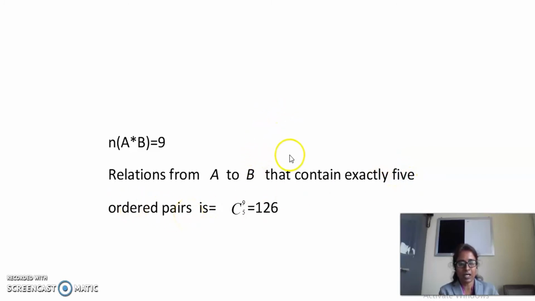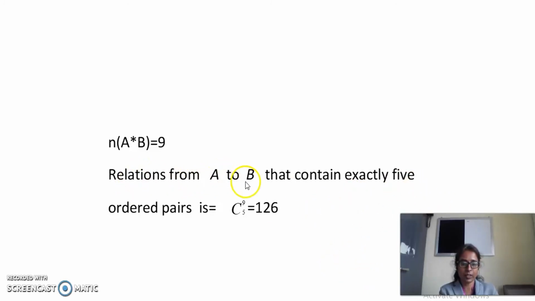So I should have R1 with 7 elements, R11, R12 and so on. Relations which contain 7 elements, relations which contain 8 elements and relations which contain 9 elements. And the sum of these will give us the answer here. So what will it be? 9C7 plus 9C8 plus 9C9. We know the result of nCr, calculate and simplify.